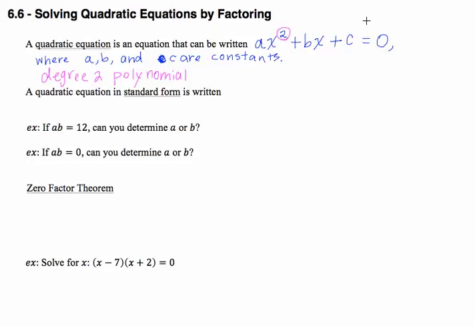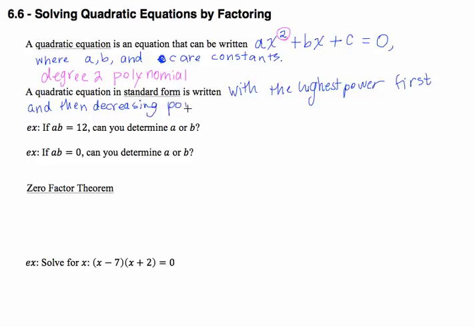Okay, a polynomial that's written in standard form is one where the highest power of x comes first, and it's written with decreasing powers after that. So it's just referring to the order of these three terms here.